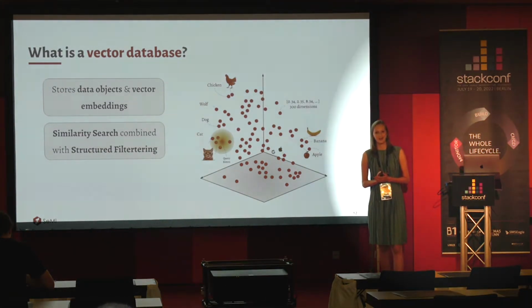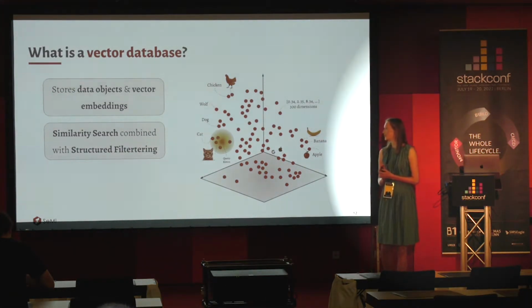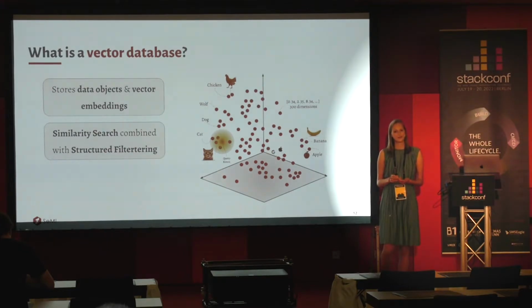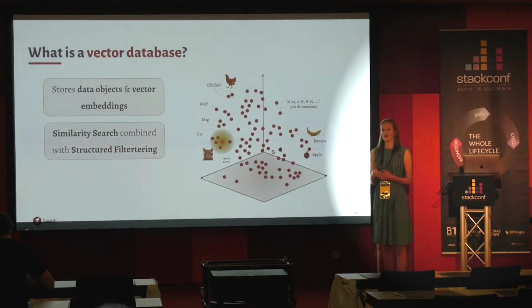So what is a vector database then? It basically summarizes what I just said. A vector database uses machine learning to store and index data, not only the data, but also the vector embeddings. This allows for similarity search, and you can combine this with structured filtering.